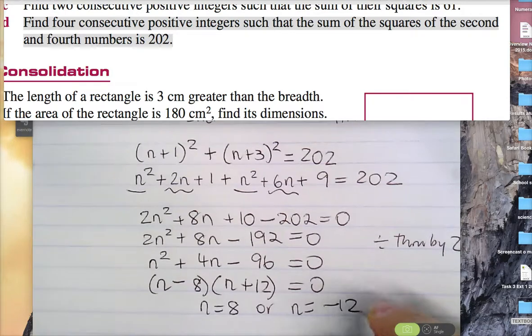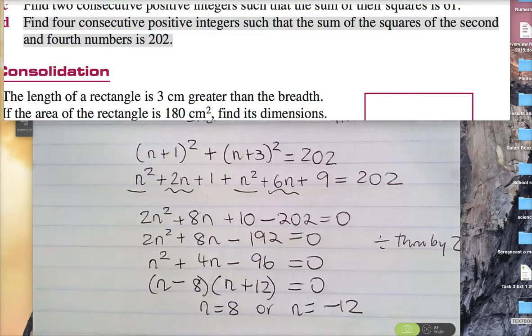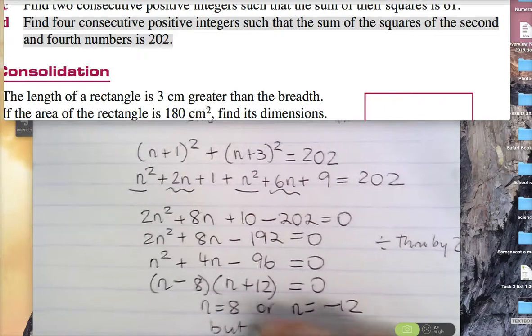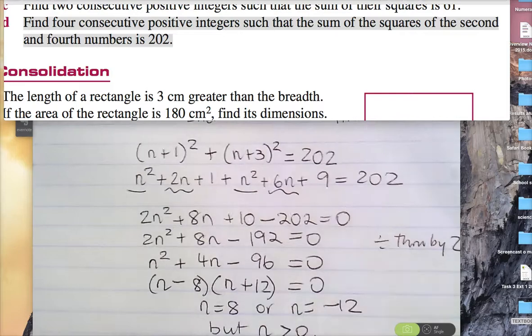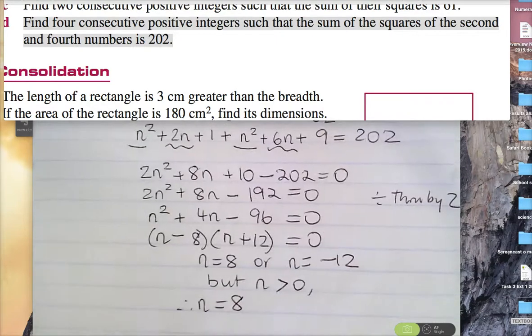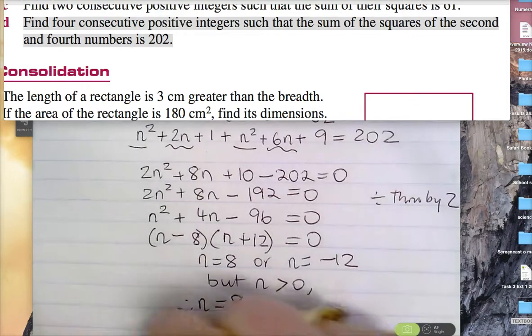Now, can we just stop for a minute? Go back and read the question before you finish off. 4 consecutive positive integers, but n is greater than 0, meaning it's positive. Therefore, n is 8. So, what are the 4 numbers?